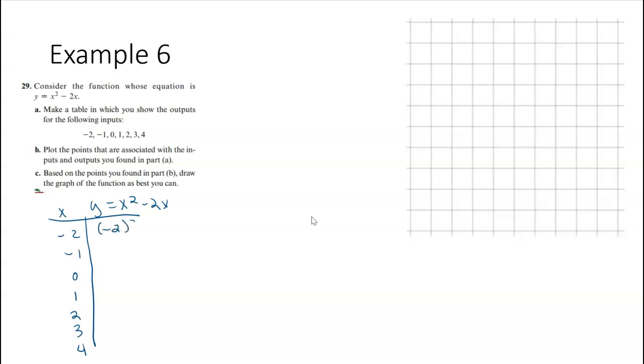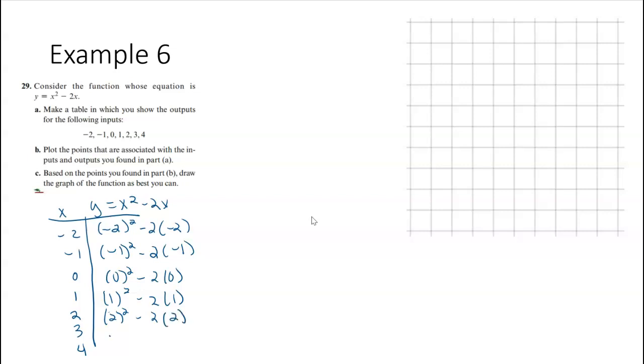It's really important you use parentheses when you're dealing with quadratics because what's going to end up happening is that if you don't, you're going to get the wrong value. So I'm just plugging this in, just showing my work. Okay, and you get the idea.